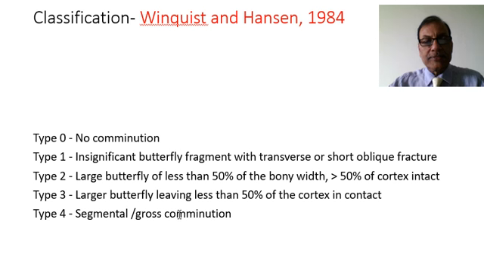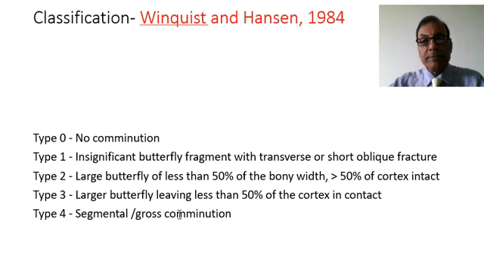There is a classification based on the comminution. It is called Winquist and Hansen classification. So type 0 is there is no comminution. Type 1, it is an insignificant butterfly fragment with transverse or short oblique fracture. Type 2, the butterfly fragment has become larger but is still less than 50% of the bone width.